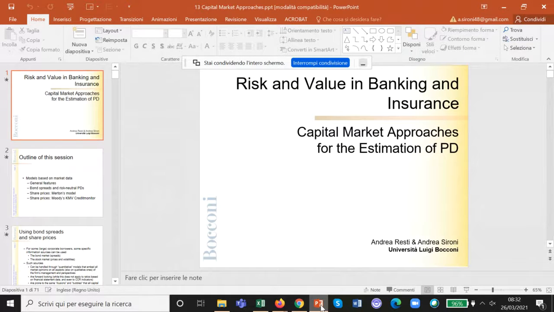Okay, so last time we've been discussing scoring models, which are models that try to estimate the borrower PD, probability of default, based on past data, mostly accounting data, like financial statements ratios, but also indicators that come from the behavior of the borrower, past behavior, or from central credit registries.